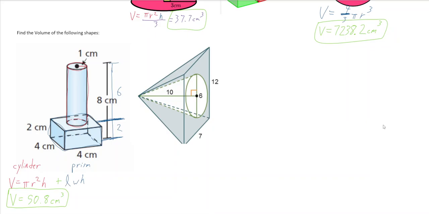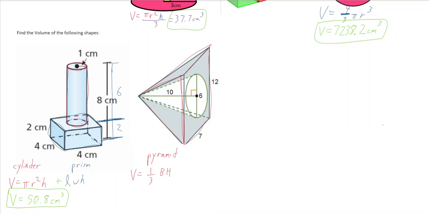Our first one is the pyramid. Okay, so we're going to include that shape, that size. So it's 1/3 base times height.